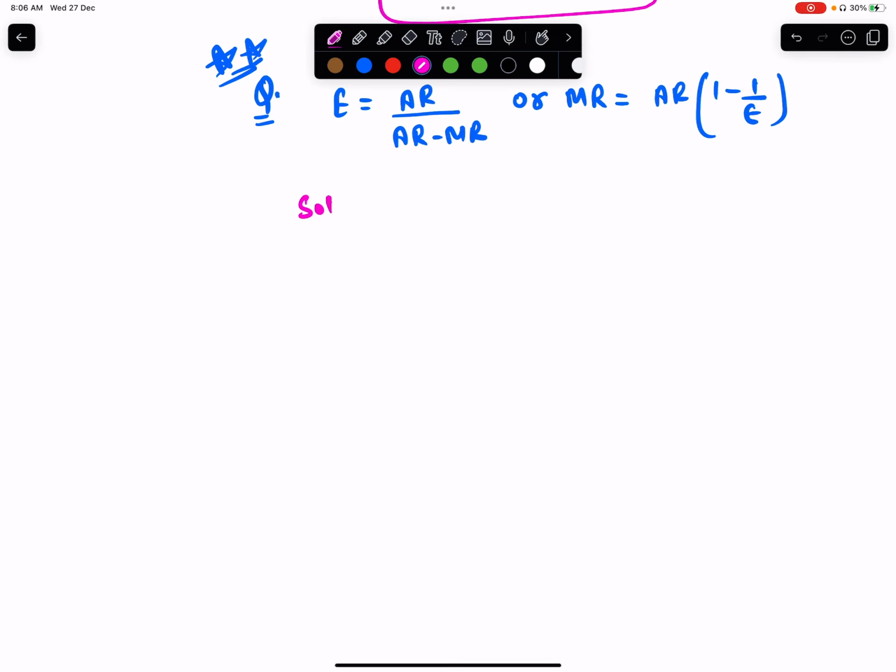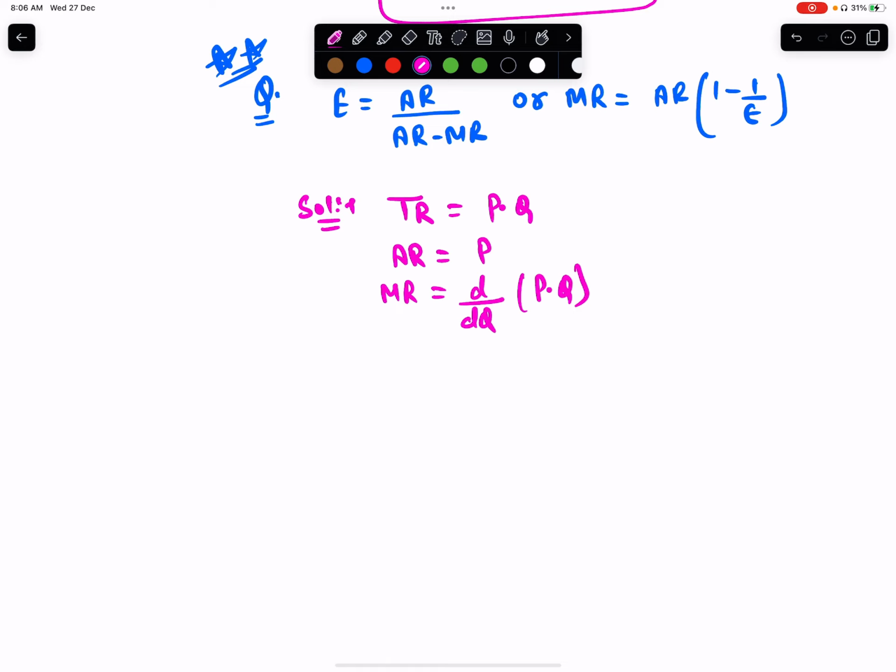As we know, total revenue equals P into Q. Average revenue is P into Q by Q, that is P. Marginal revenue is d by dQ of P into Q. So marginal revenue will be P into dQ by dQ plus Q into dP by dQ.